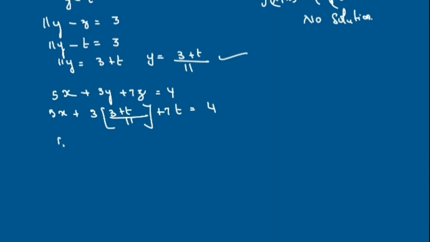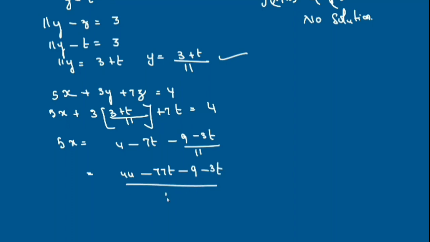So 5x is equal to 4 minus 7t minus, multiply 3 into 3, 9, plus 3t by 11. You can take the LCM here, 44 minus 77t minus 9 minus 3t by 11. So what is that equal to? 44 minus 9, 35, minus 80t by 11.